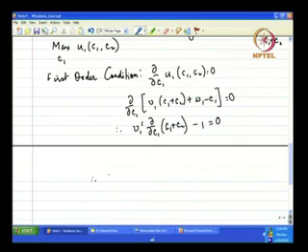So from here what I get is V1 dashed is equal to 1. Now remember what V1 dashed is. V1 is a function of C1 plus C2, so V1 dashed is also a function of C1 plus C2. So I can as well write it as V1 dashed of C1 plus C2 is equal to 1.